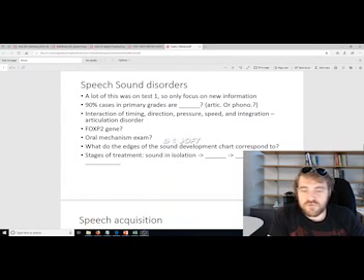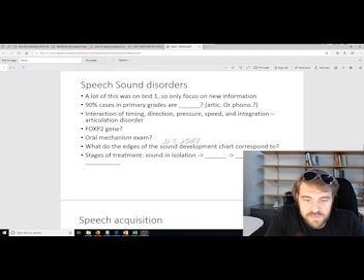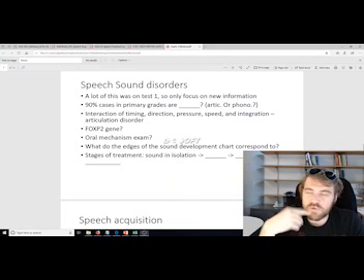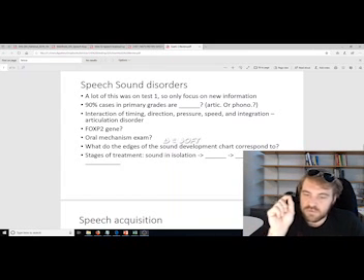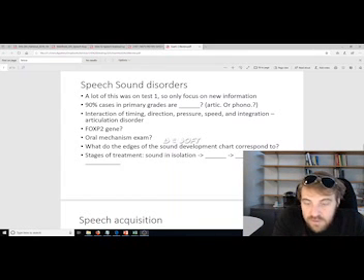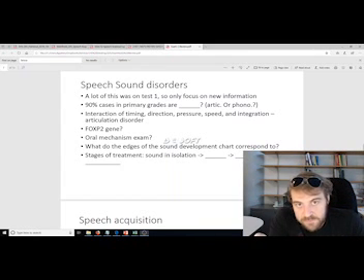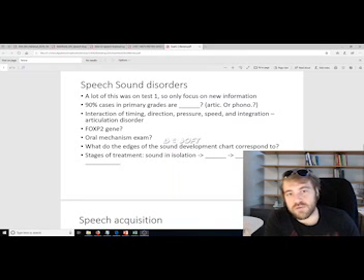For the stages of treatment, you're going to start with teaching your client, usually a child, but it doesn't have to be a child. You'll start with a sound in isolation. Then you're going to want to move to putting that sound into words and then phrases. And then you want to have them read. And then you're going to move on to conversation.